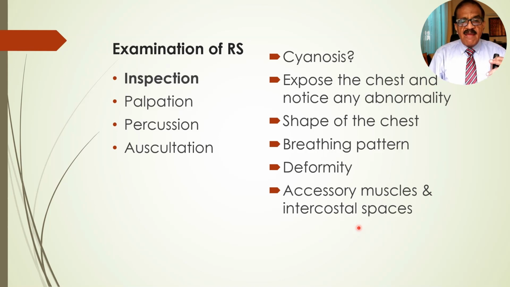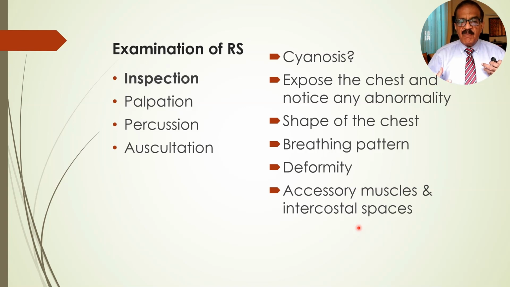But if a patient is having breathing difficulty, has some obstructive airway disease or restrictive airway disease or any reason to have breathing difficulty, the patient would be using accessory muscles. Now what are these accessory muscles? The sternocleidomastoid muscle, pectoral muscles.